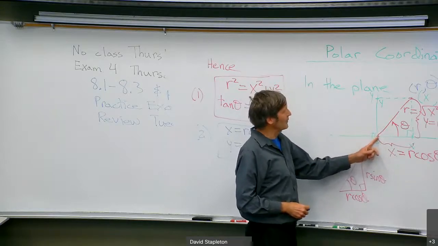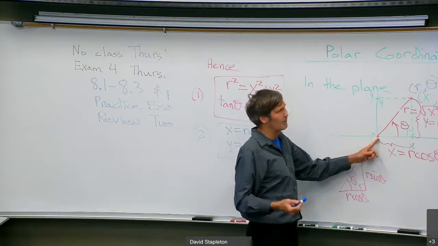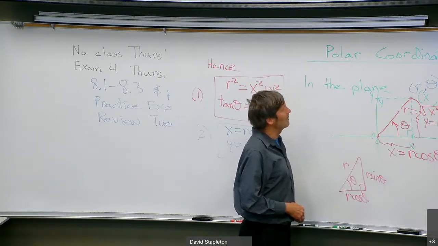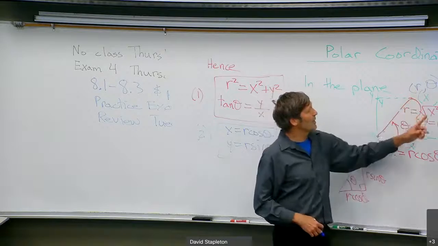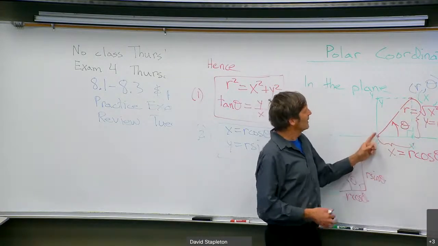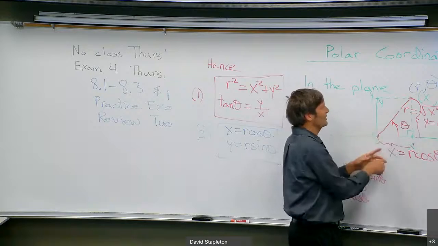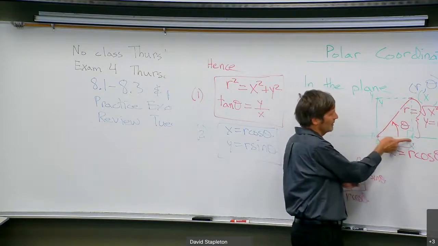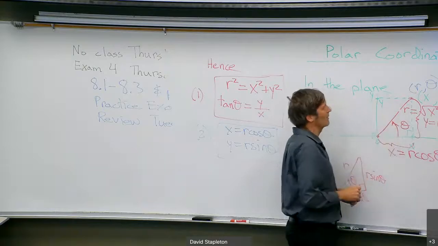So sometimes I'll refer to this as the origin, sometimes as the pole, depending on the application. But we can uniquely identify a point by putting down an ordered pair r, theta instead of x, y. And these are like radar coordinates, right? The radar is at a certain angle, a certain distance out. The only thing is radars tend to spin clockwise, while our angles are measured counterclockwise, right?